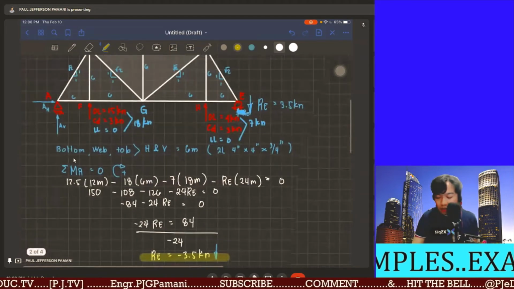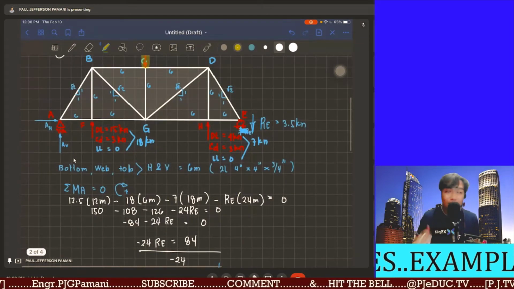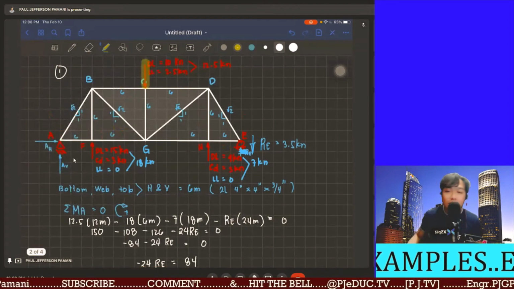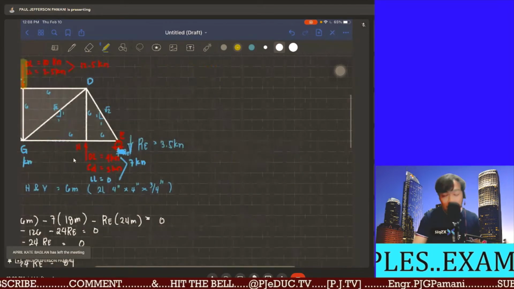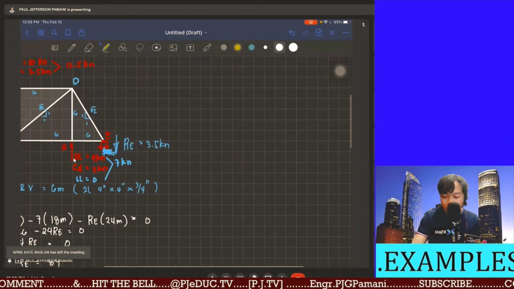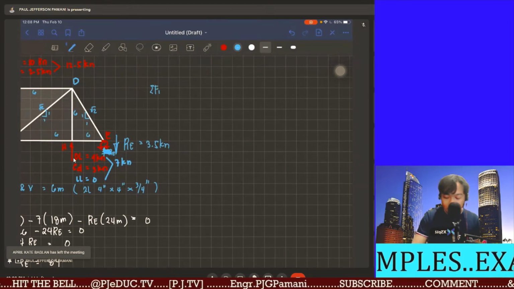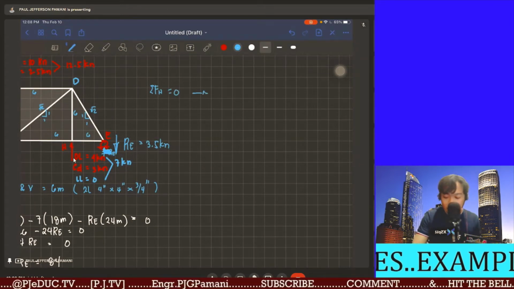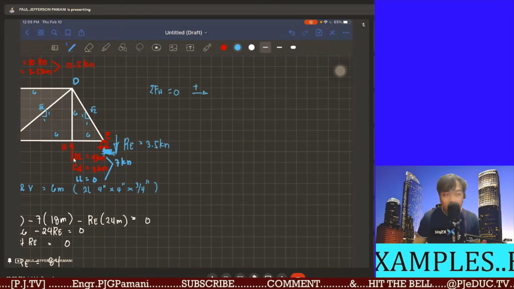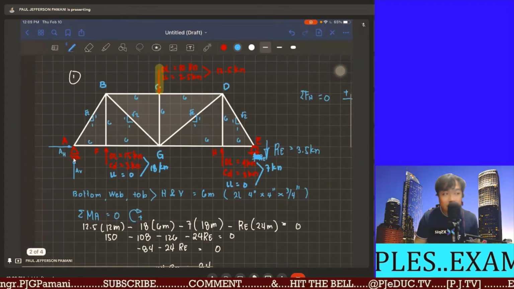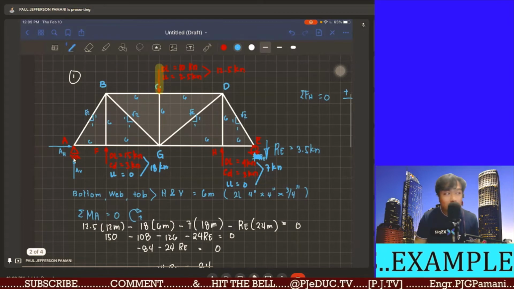Then by investigation, wala namang horizontal. Walang tayong in-apply na wind load. So basically, summation forces horizontal is equal to 0 going to the side positive. What are the forces found at the horizontal axis within the truss system? Meron ba? Wala.